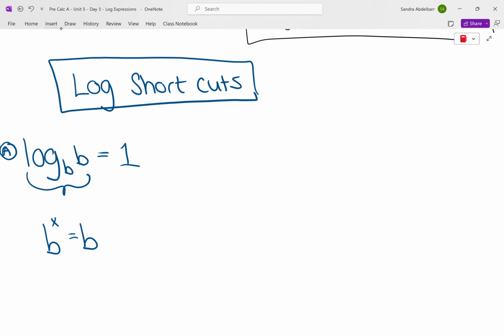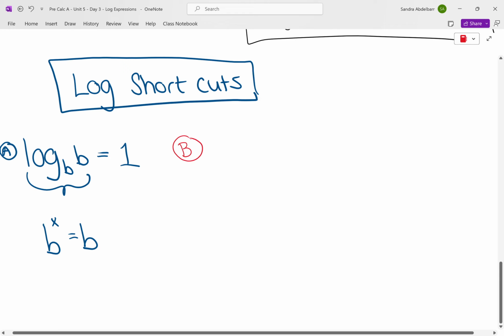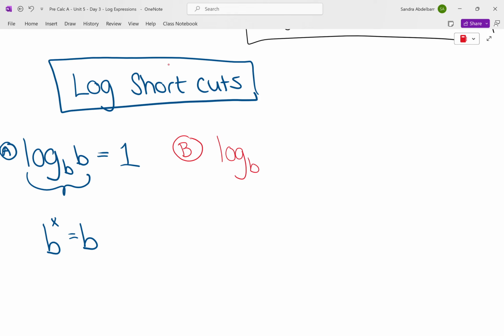Next shortcut. Log base b of b to the t is equal to t.